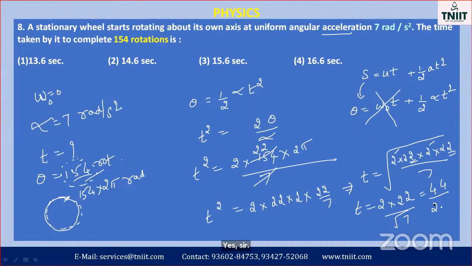Root 7 is close to 2 point something, right? Yes sir, because root 9 is 3, root 4 is 2, so root 7 is between 2 and 3. So it will be 2 point something. If you calculate, approximately I can take 2.6 like that.